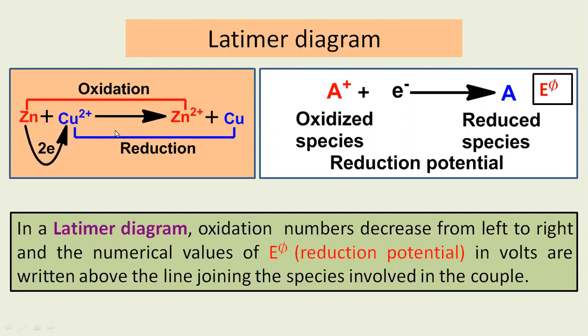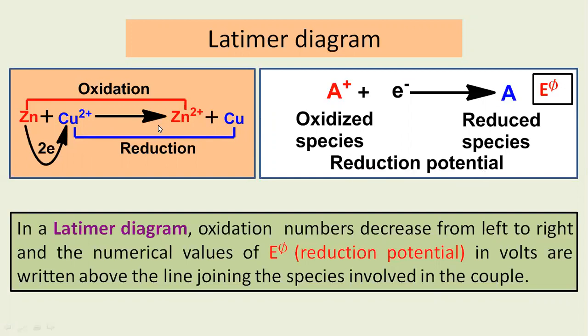Now there are various ways to represent this. In earlier days, if you see the old books, the data were represented in terms of reduction potential and oxidation potential, but now all the data are represented in terms of reduction potential.